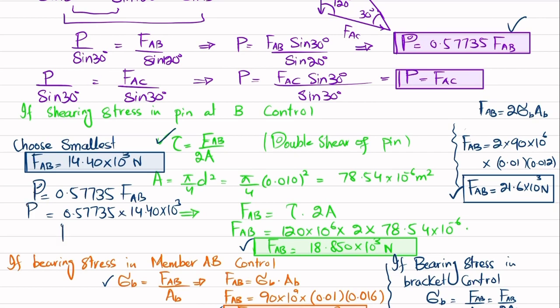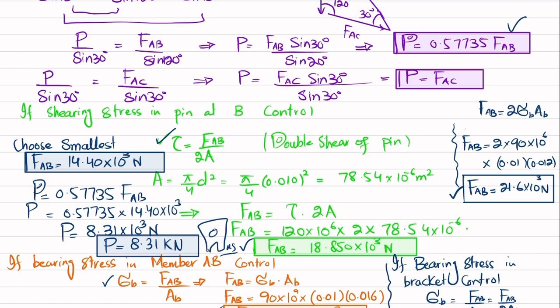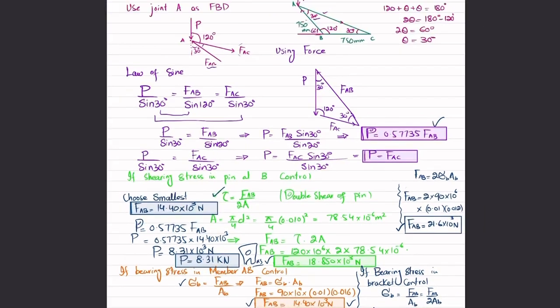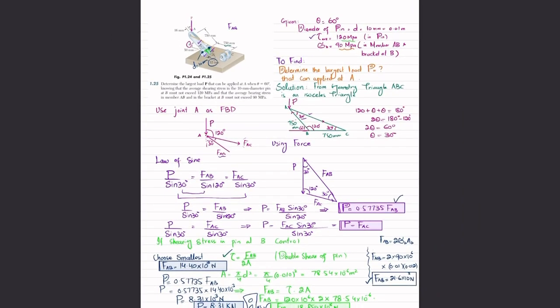So you will get the value of P comes out to be 8.31 into 10 raised to power 3 Newton, or you can say P is equal to 8.31 kilonewton. So this is the largest amount of force which is safe and that can be applied at point A, at this point. And that was all about this problem 1.25.